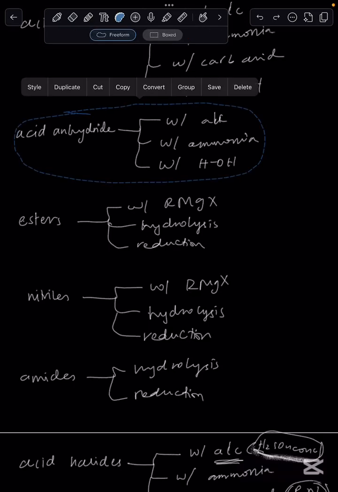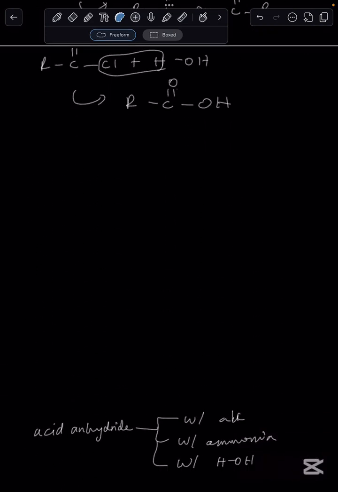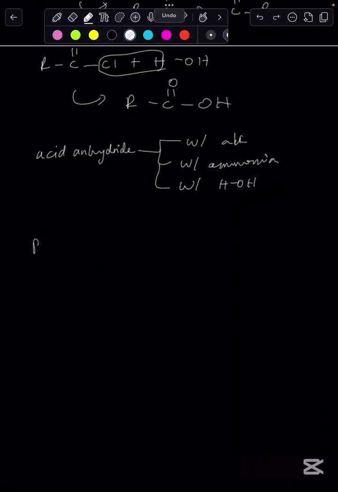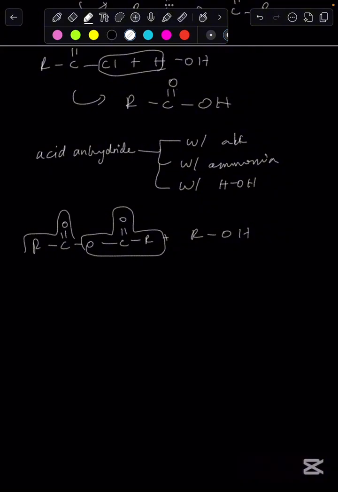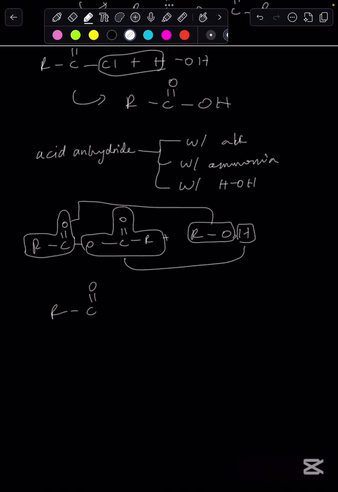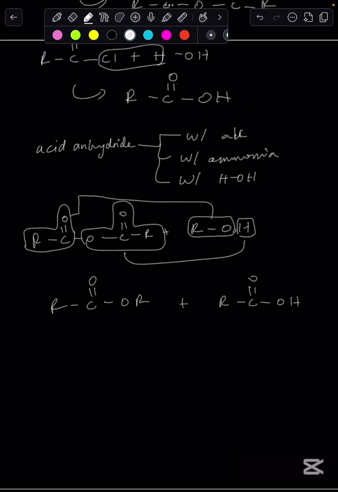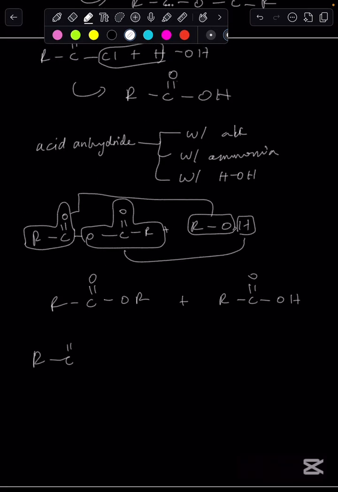Now we have the reaction of acid anhydrides. So with alcohol it's going to break up like this. So what's going to form with this is an ester and a carboxylic acid. So with ammonia it's going to react like so.